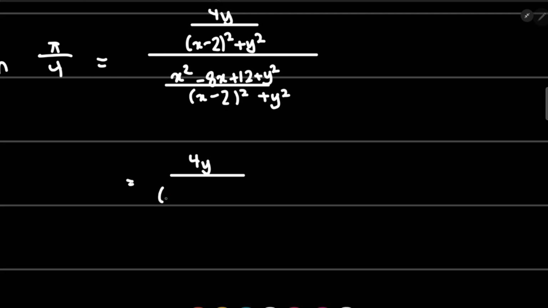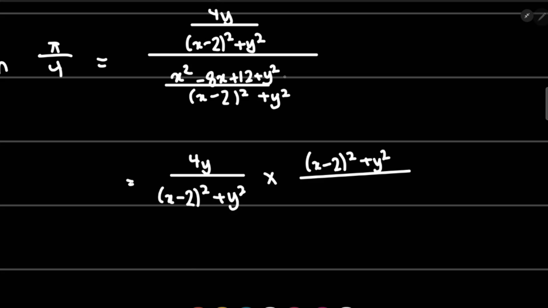So nothing complex, I'll just flip over the denominator and write it down like this. Now (x minus 2) whole square plus y square will be on top, whereas this part over here will be on the bottom. Now you can see why we can cancel out the denominators.